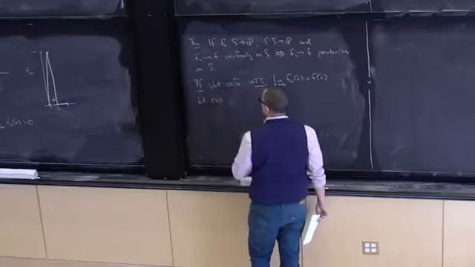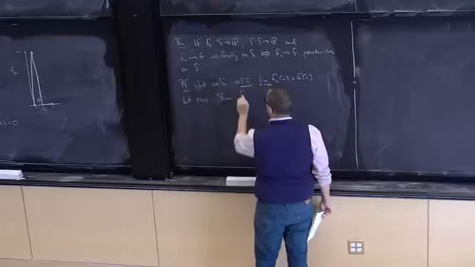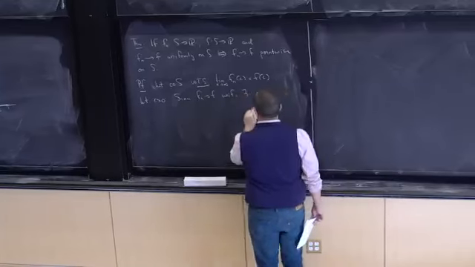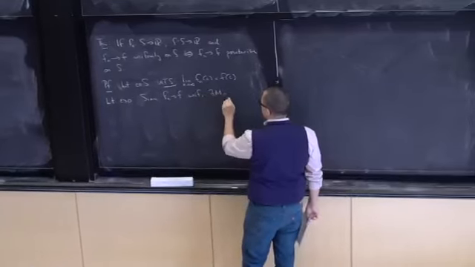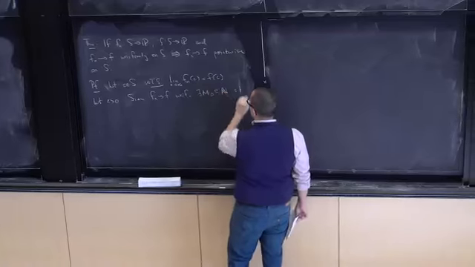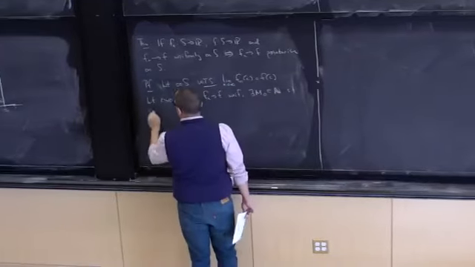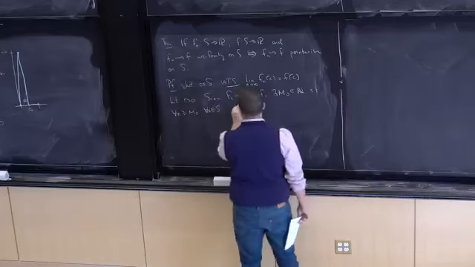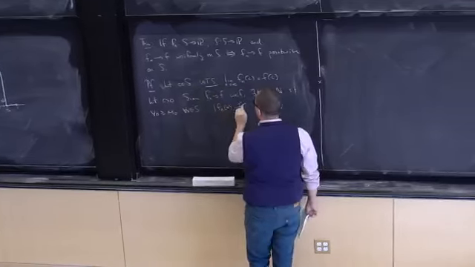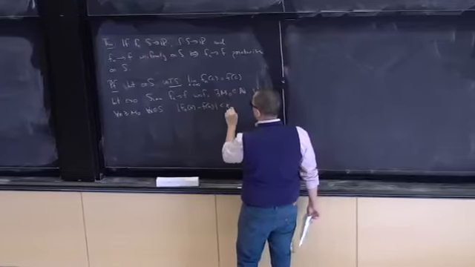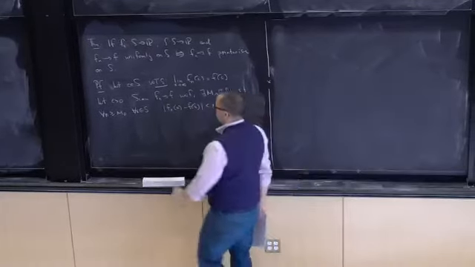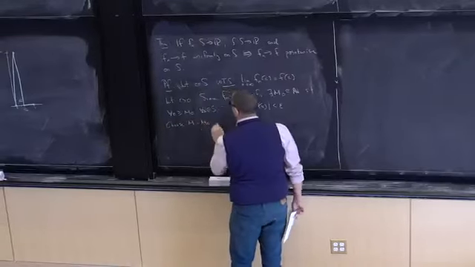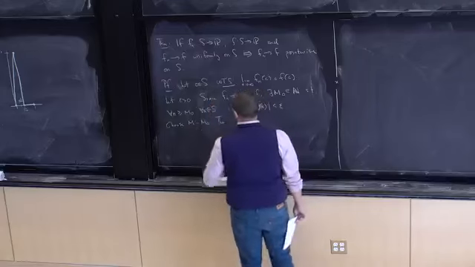Let epsilon be positive. Since fn converges to f uniformly, there exists a natural number m naught such that for all n bigger than or equal to m naught, for all x in S, |fn(x) - f(x)| is less than epsilon. So choose m to be this m naught, the m that is for this epsilon.